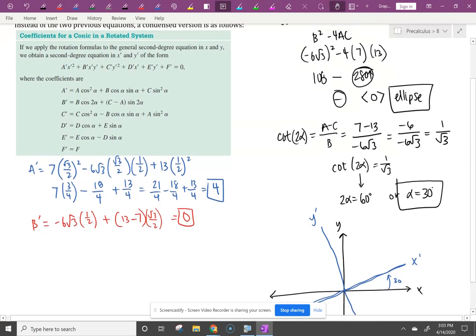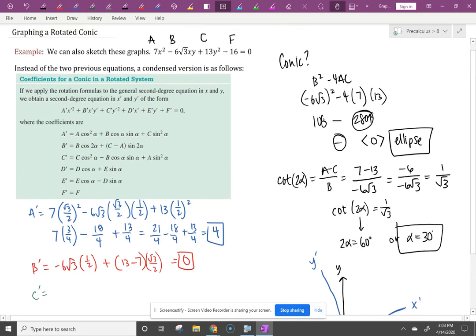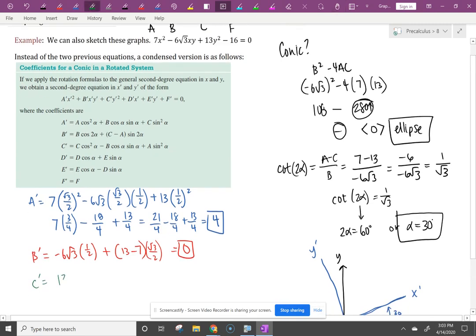All right, what about C prime? I will do that in a different color. C prime is going to follow the formula. Go get C, which I believe is 13. Yep, 13. And multiply that by the cosine of the angle. So again, it was 30 degrees. Cosine is root 3 over 2.